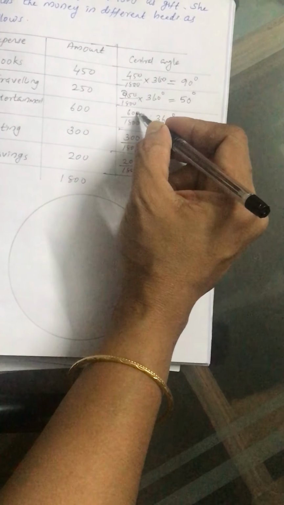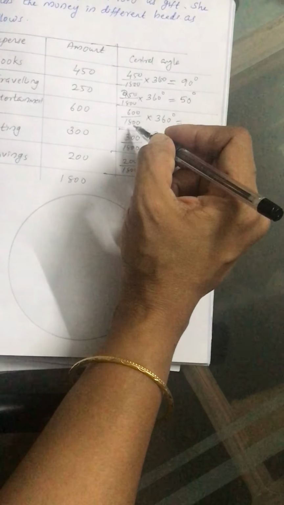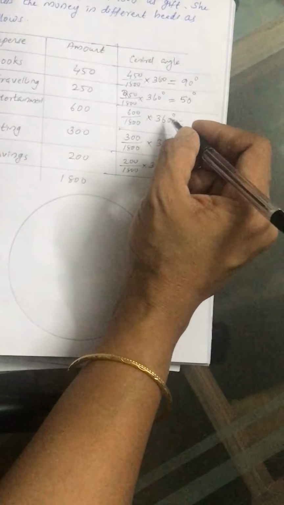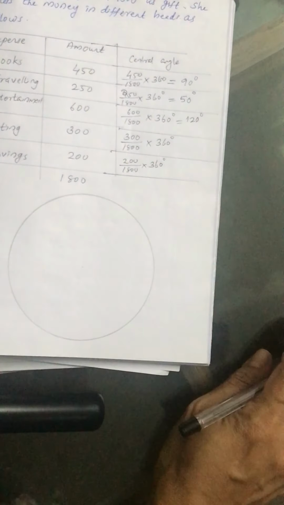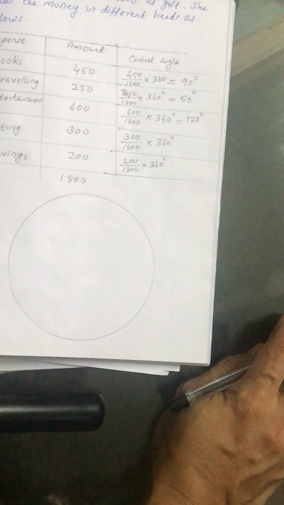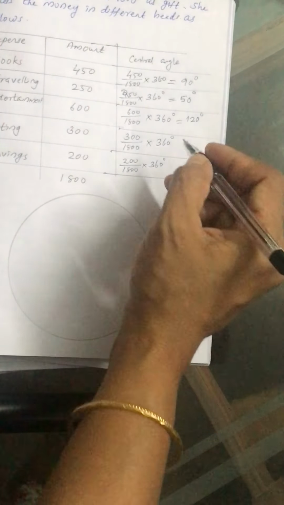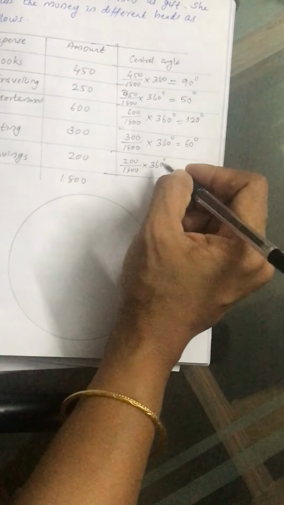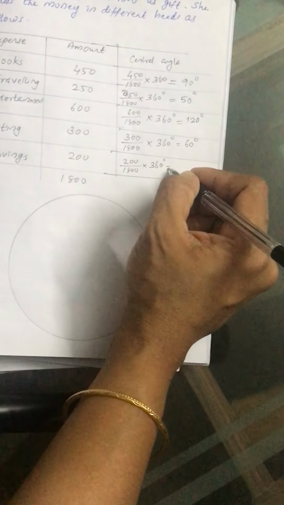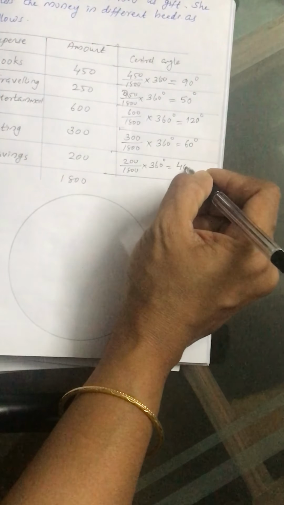Then 600 by 5, how much will it be? 120 degree. Then next one 300 by 5, that is 60. Then last 200 by 5, you will get 40 degree.